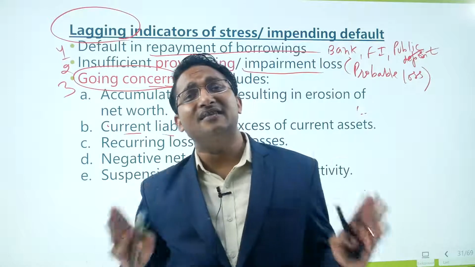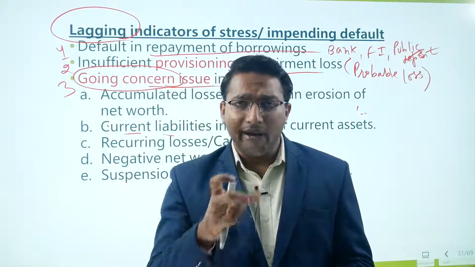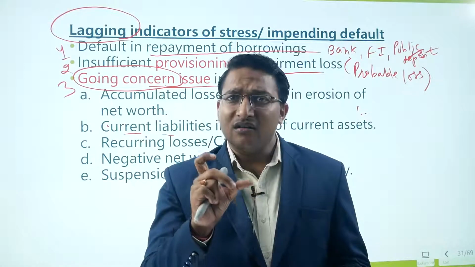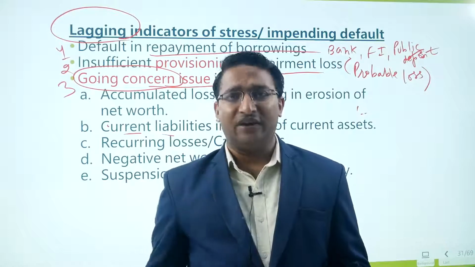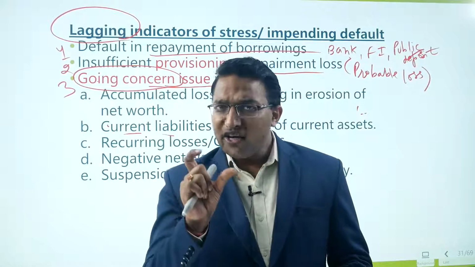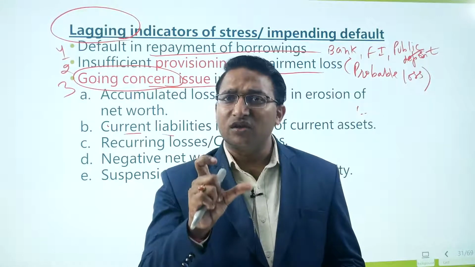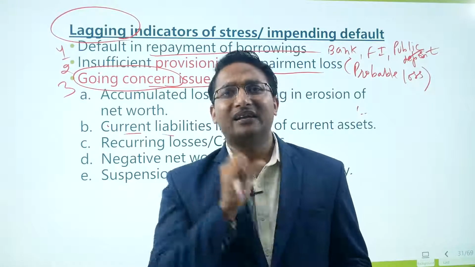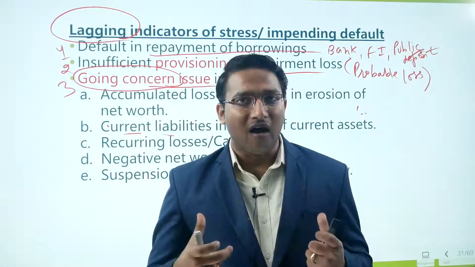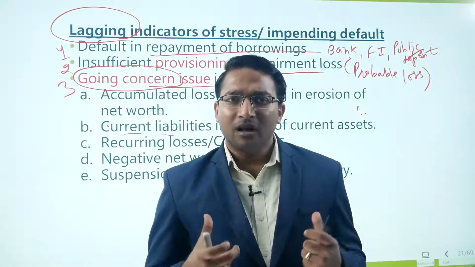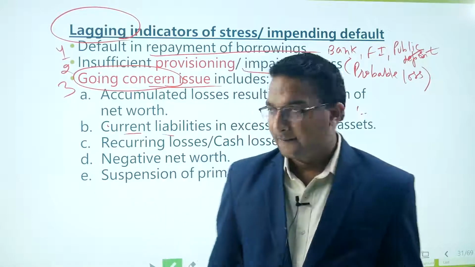However, there are certain instances where this going concern assumption is not valid. So we need to check those indicators. In case this going concern assumption becomes invalid, we need to be alert, because that means the company is going to default.